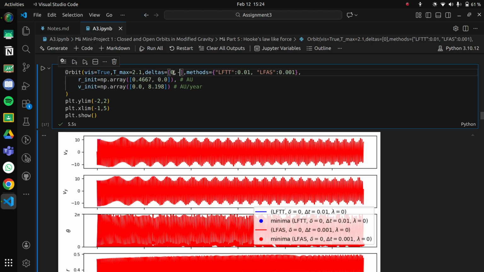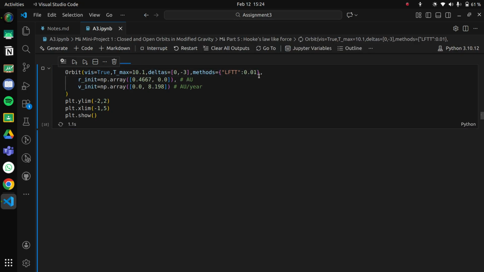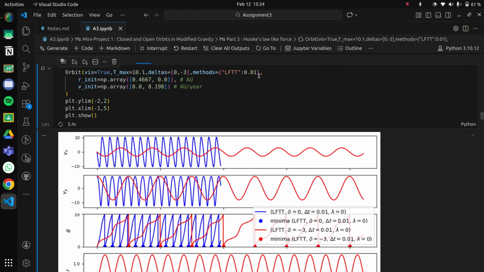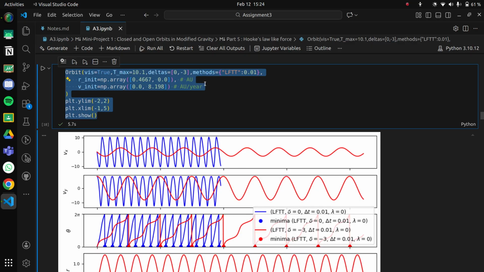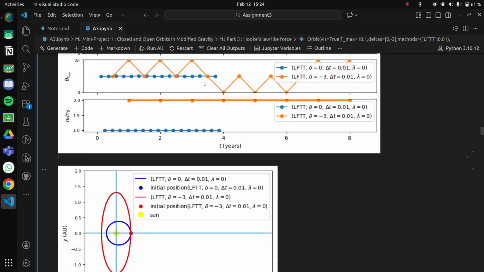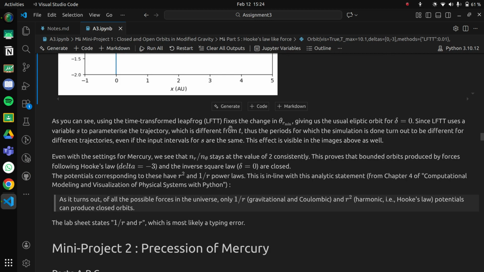So I'm gonna go back to what it initially was, which is 10.1. This thing and these settings, right? Yeah, this is fine. So this will give us the original plot, as we expected. And then I will take the exact same thing and use a different method.